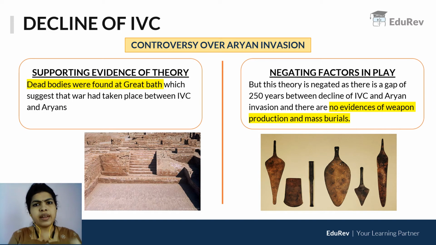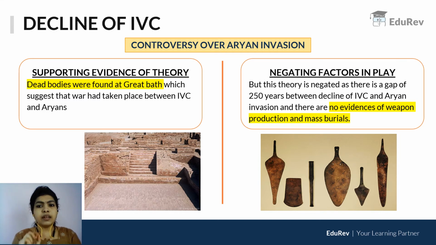Supporting evidence of Aryan invasion, that is what we are going to see. There have been dead bodies found at Great Bath, which suggests that war had actually taken place between IVC and Aryan people. Now, the negating factors in play, that is what we are going to see.